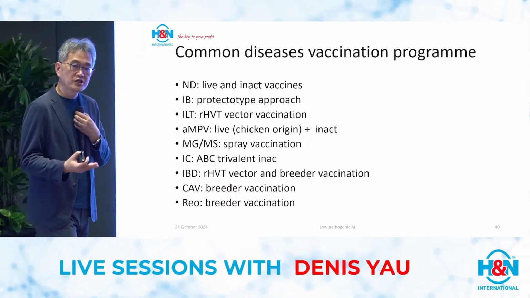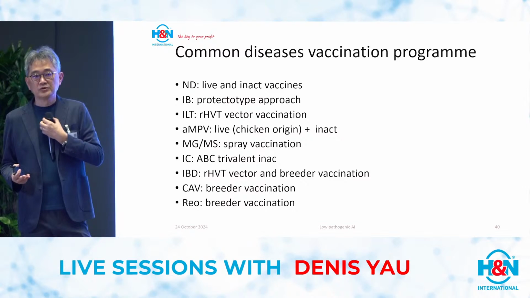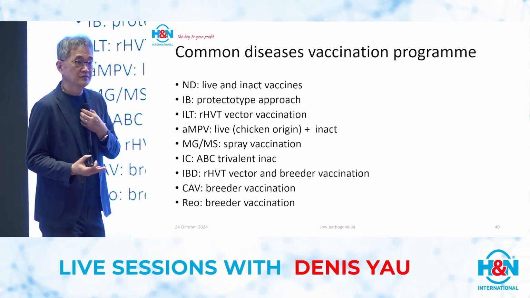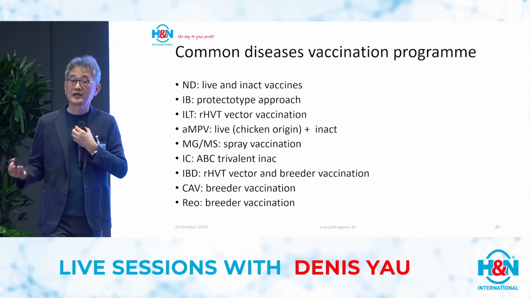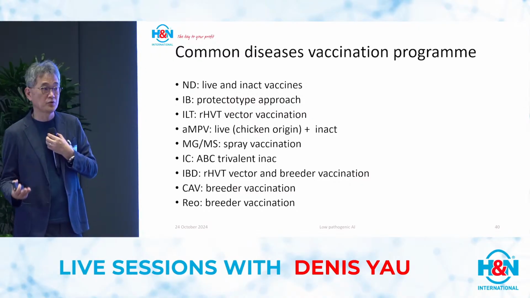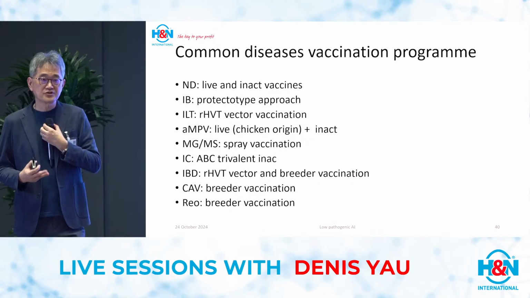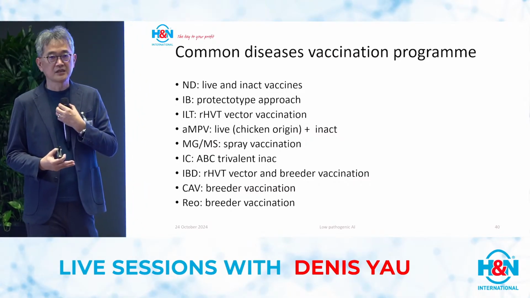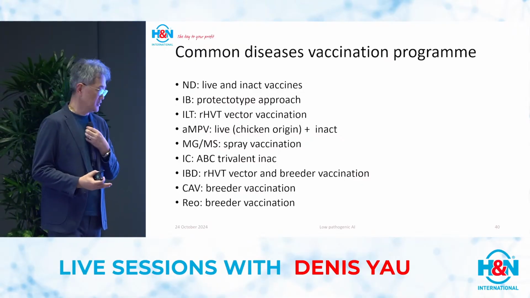Those who are using the chicken embryo origin vaccines might also, some day, after several rounds, find that the vaccine itself can heat up, and it is more like the field strain that could also cause problems. So maybe it's a good time to consider whether we should use the recombinant HVT vector vaccine for ILT.